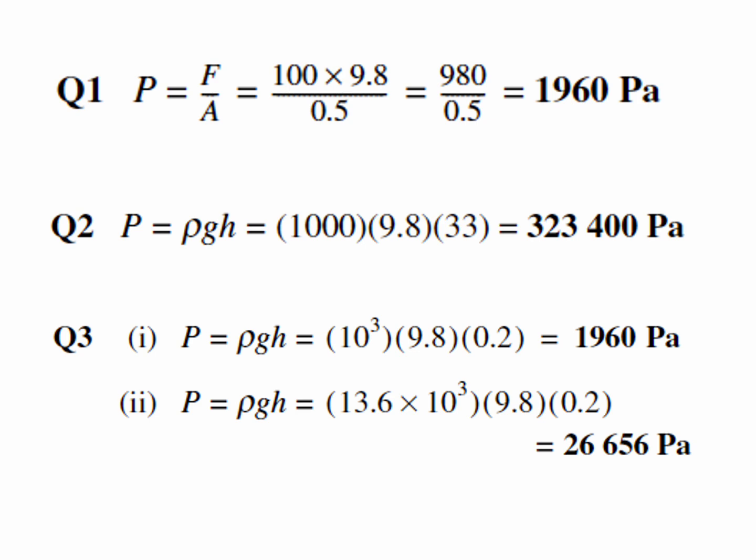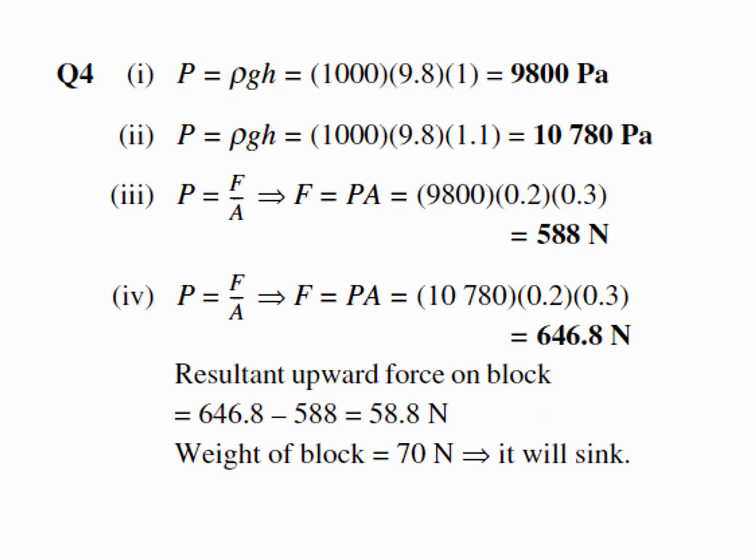Question 4 then was very similar to the sample problem, and we had different values here for our block in the tank of water. So a rectangular block had dimensions 10 by 20 by 30 centimeters and was placed with its upper surface at a depth of 1 meter in the water tank. So we had to find, first of all, the pressure at the upper surface of the block due to the water. So we're using our formula for pressure in a liquid being density by gravity by height, and it was 1 meter deep.